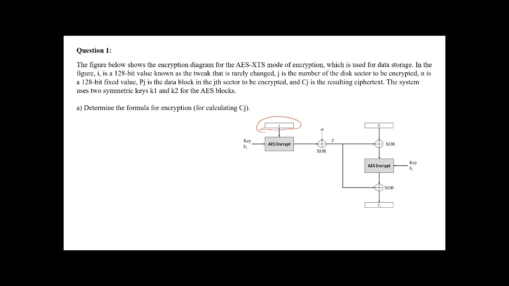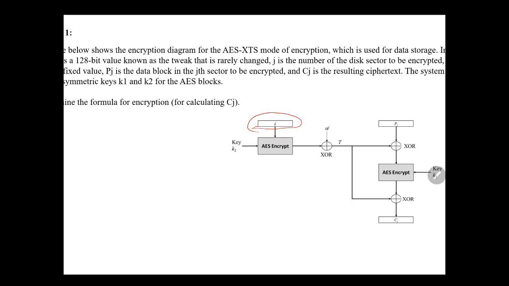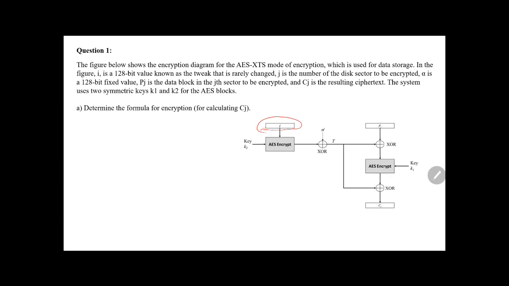And what we have next is the value J here for alpha J. So the J is the disk sector number, and alpha is a 128-bit fixed value. So here this J changes for each disk sector, so that PJ is the jth sector to be encrypted, and the resulting cipher is the CJ.